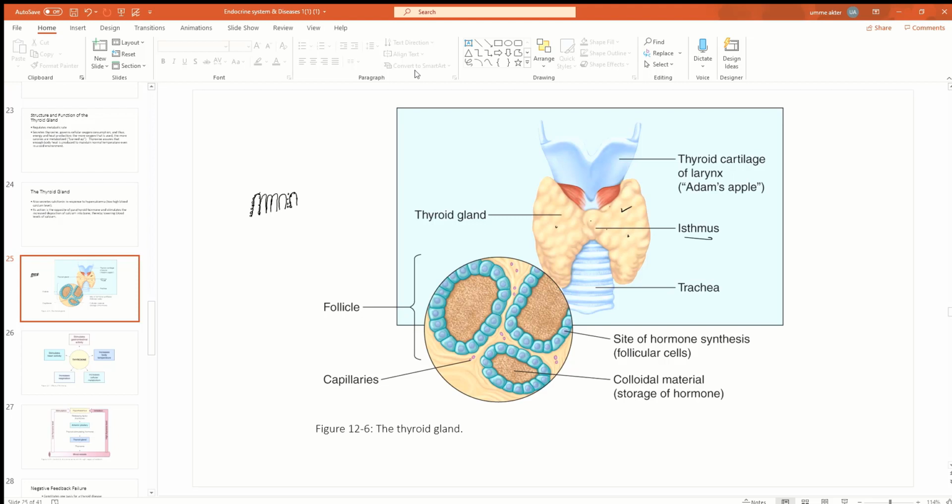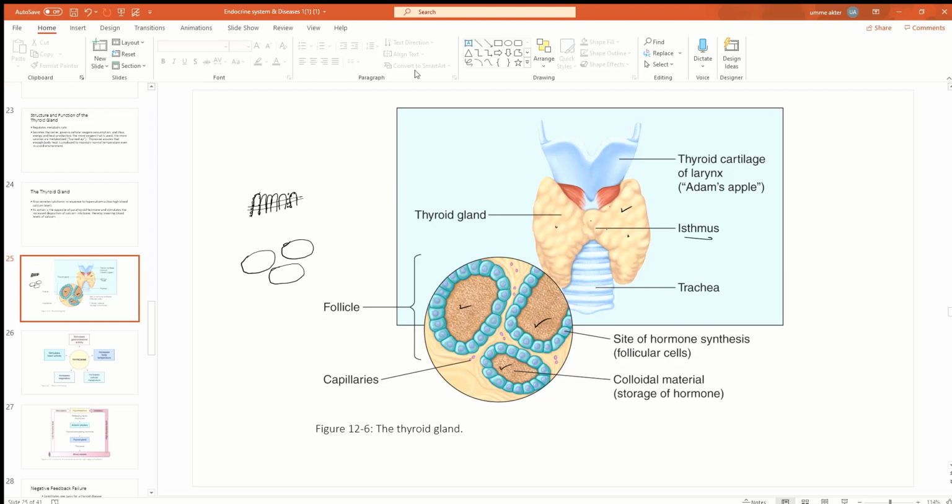Now if I make a cross section of the follicles and see, it will look like this: many follicles, circles. So each follicle will look like this, right?